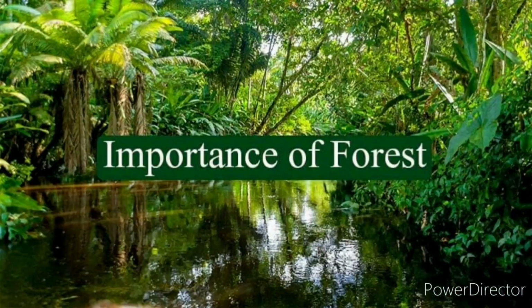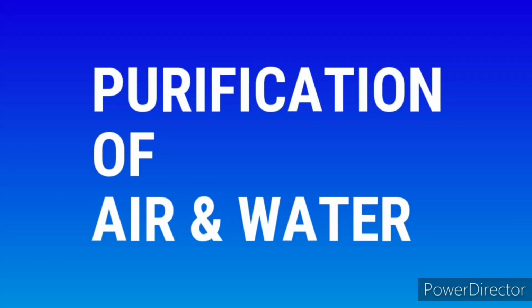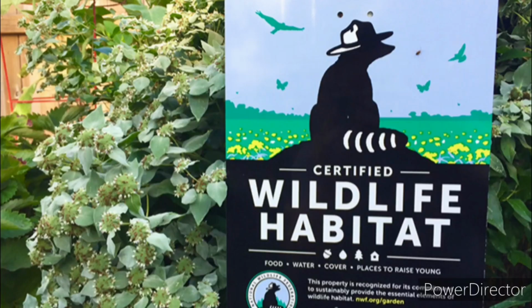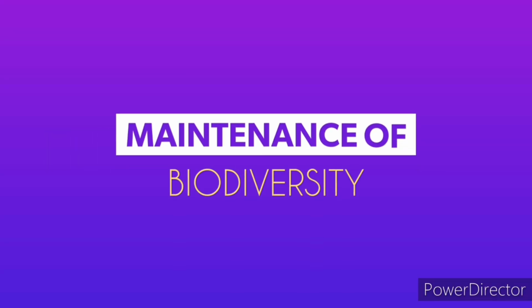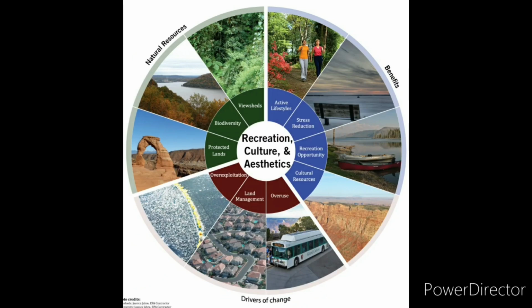Services of healthy forest ecosystems are as follows: purification of air and water, mitigation of droughts and floods, cycling of nutrients, generation of fertile soils, providing habitats to wildlife, maintenance of biodiversity, pollination of crops, providing storage site for carbon, providing aesthetic, cultural and spiritual values.